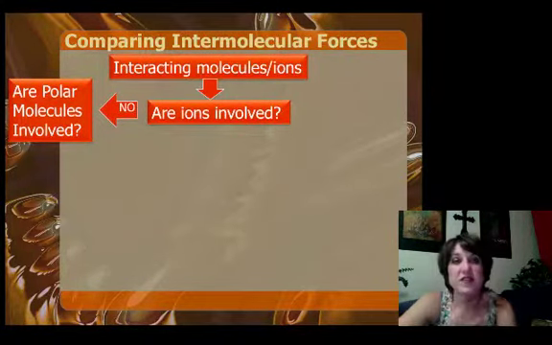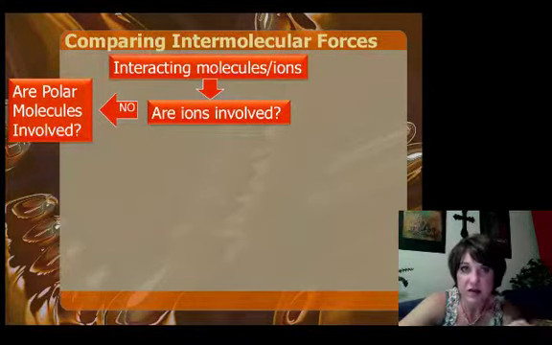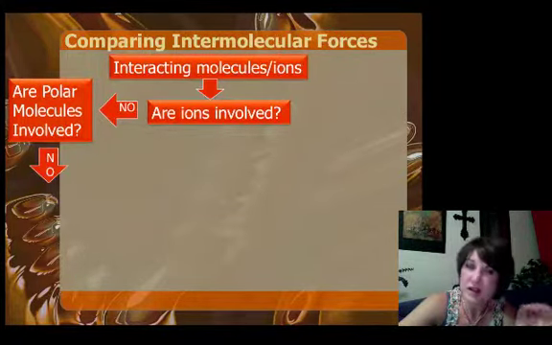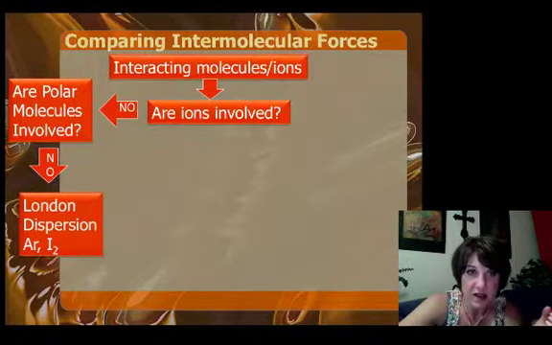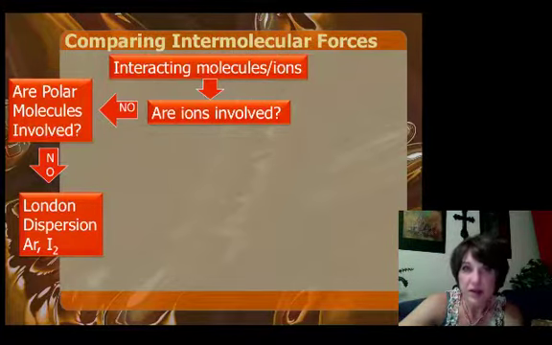Remember, to decide if something's polar, you need a difference in electronegativity and you need a geometry that won't cancel. If we say no, it's not a polar molecule, it's nonpolar and there's no ions, then the only type of force this could be is a London dispersion force. For example, argon or iodine.